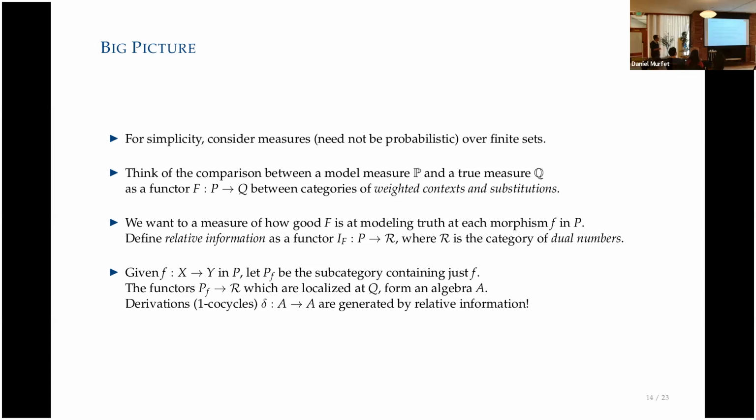It turns out that the derivations of this algebra are precisely generated by KL divergence. So KL divergence is measuring holes in this algebra, holes in how we measure morphisms. Yes, this is a one morphism category. I don't have a nicer way to do that. There probably is one, but this is the only way I could think of right now.